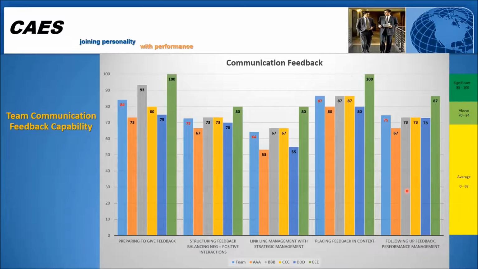And so again, we can see that our team is fairly good at providing feedback, as was indicated before. And we know that in general terms, member B and member E tend to have better capabilities when providing feedback. So across the board, perhaps we might need to work with our group in follow-up and in linking line and strategic management together when it's related to feedback, and also when they're structuring feedback so that it's well received.